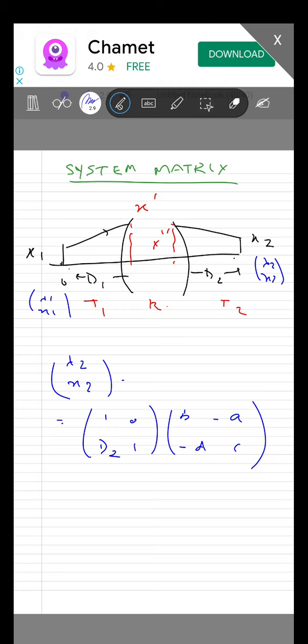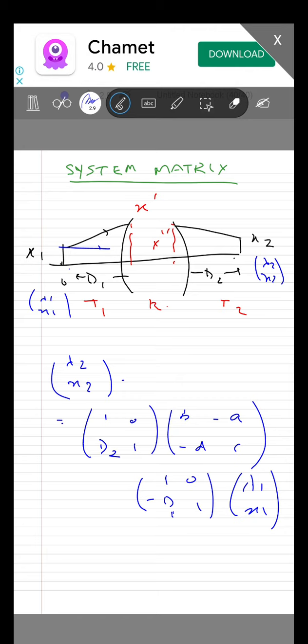So in that case, it is again 1, minus t. Since we are measuring it the other way around, it will be minus t, opposite to the direction of the flow of light. So d2 is plus and d1 is minus. It's 1 minus d1, 0 1, and ultimately you will get x1 lambda 1, the place where it started from.